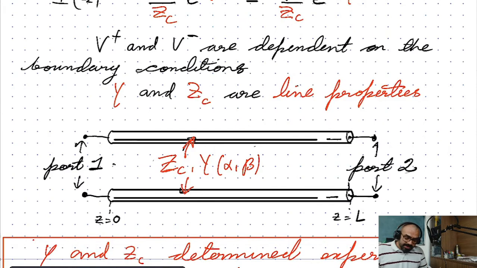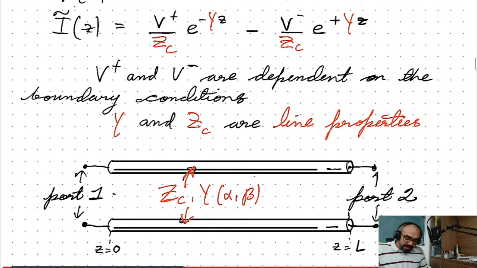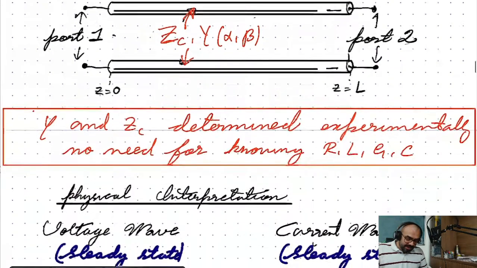So here's your transmission line. It's a two-port system, port 1 and port 2. The V plus and V minus are determined by the source and loading conditions. Gamma and ZC are properties of the line.